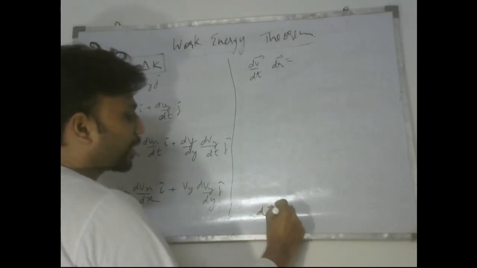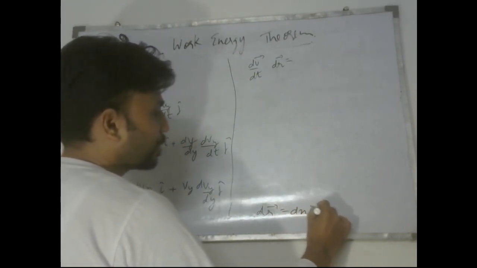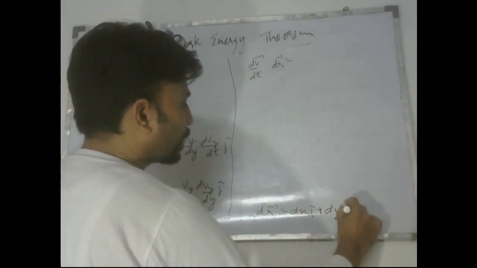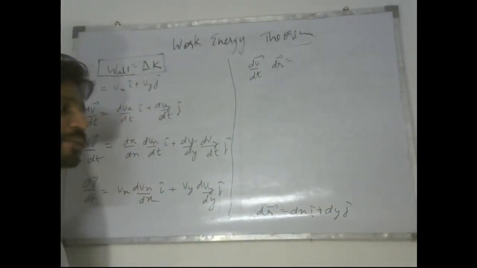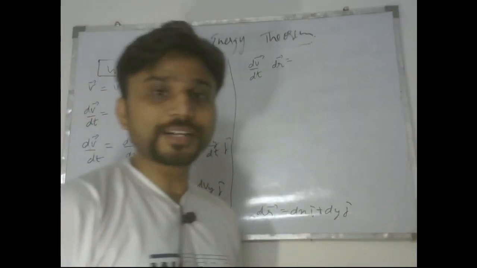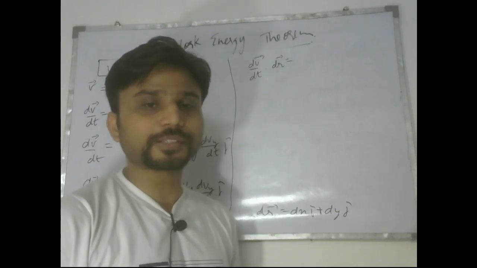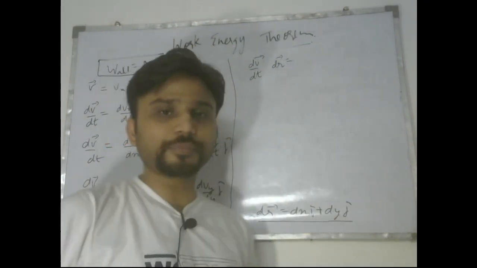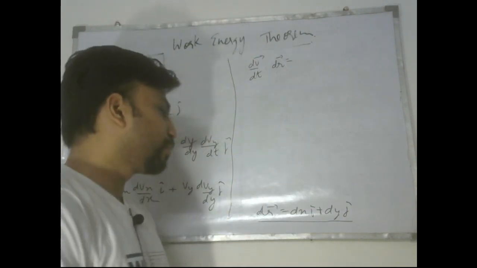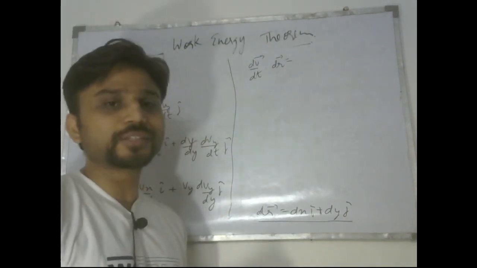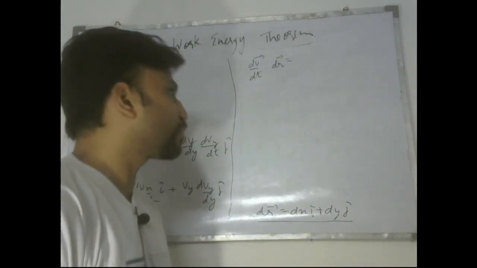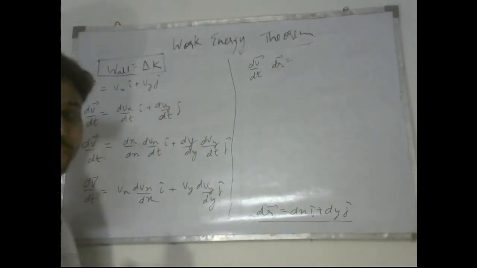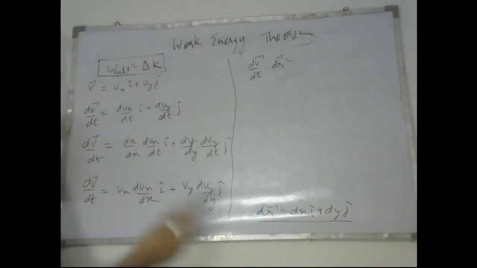Dr vector can be written as dx i cap plus dy j cap. That is, the particle is undergoing some change in position, and that is what we are trying to see. Some force is acting on the particle, some work is being done because the particle's position is changing. So some small work done, and how that small work done changes kinetic energy of the particle. And since we are talking about kinetic energy, we are talking about velocity of the particle.